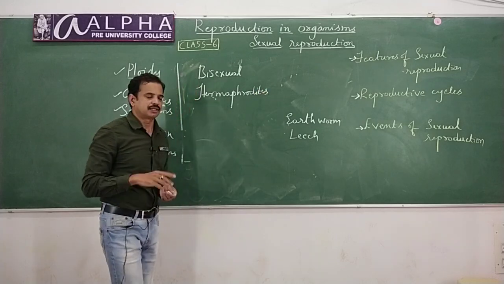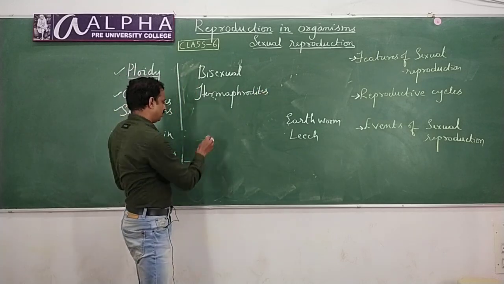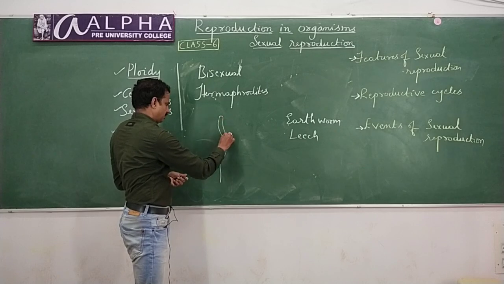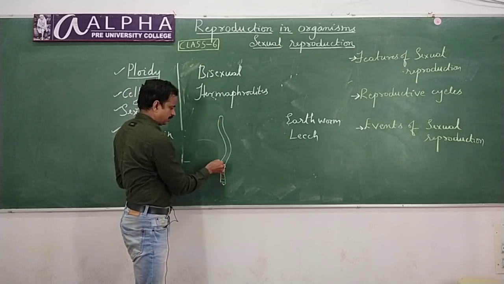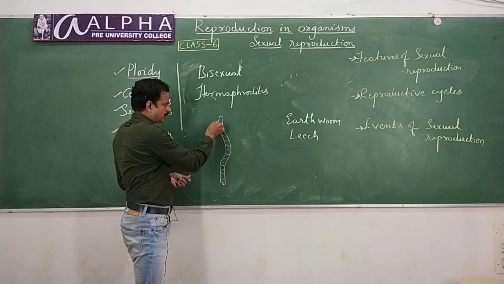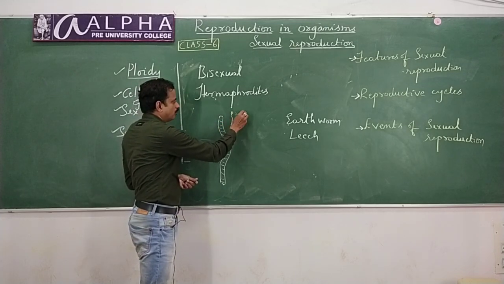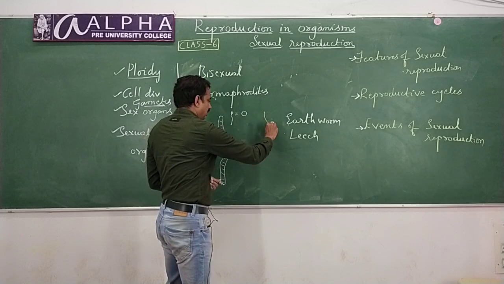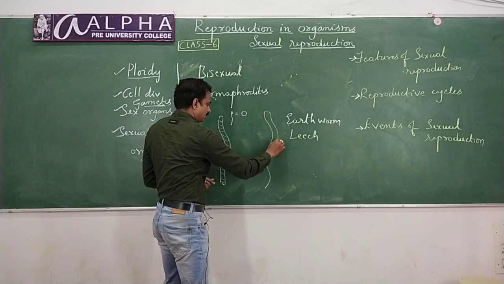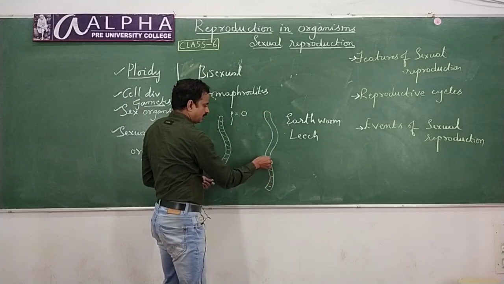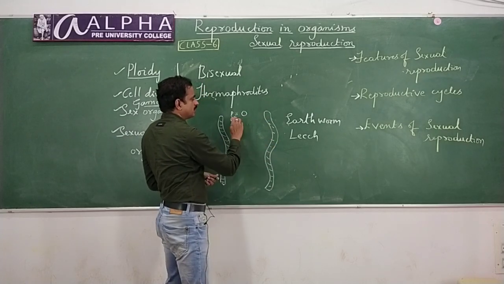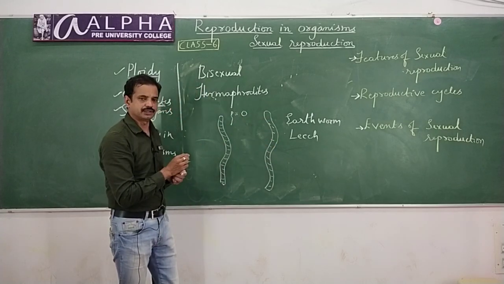Hermaphrodites, right? An earthworm can produce both sperm and ova. Another earthworm can also produce sperm and ova. But usually what happens?